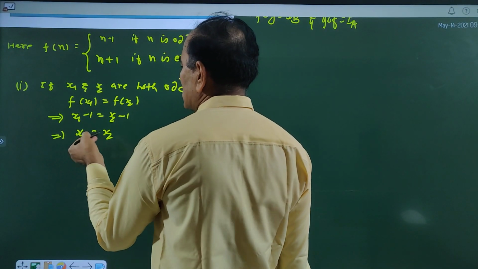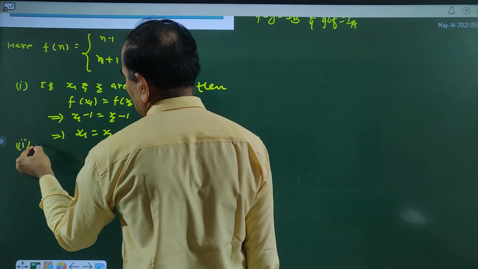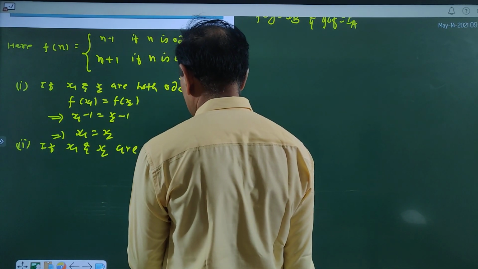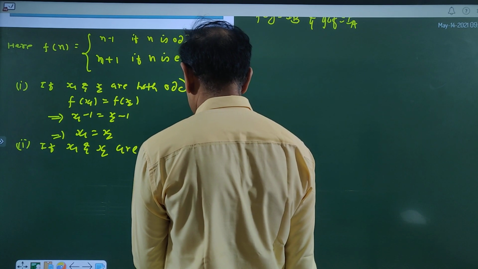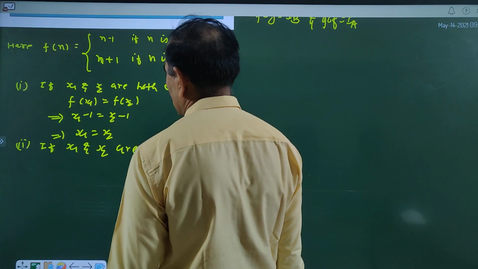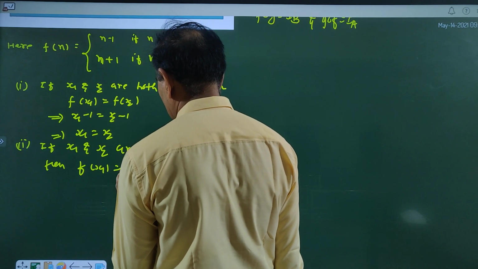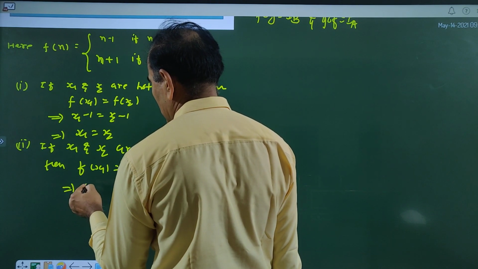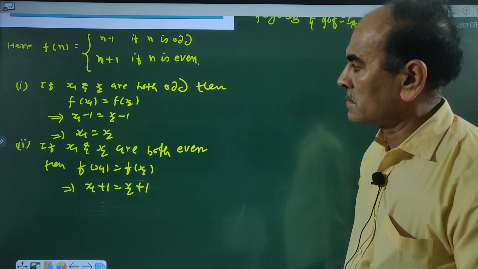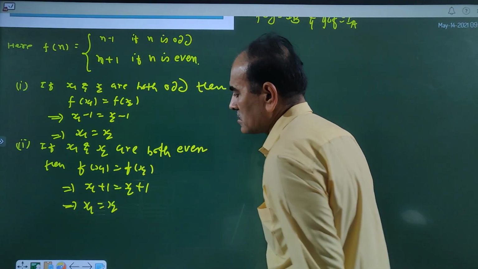Second one: if x1 and x2 are both even, then f of x1 is equal to f of x2 implies x1 plus 1 is equal to x2 plus 1. Yes or no? Yes. This implies x1 is equal to x2, as 1 cancels.